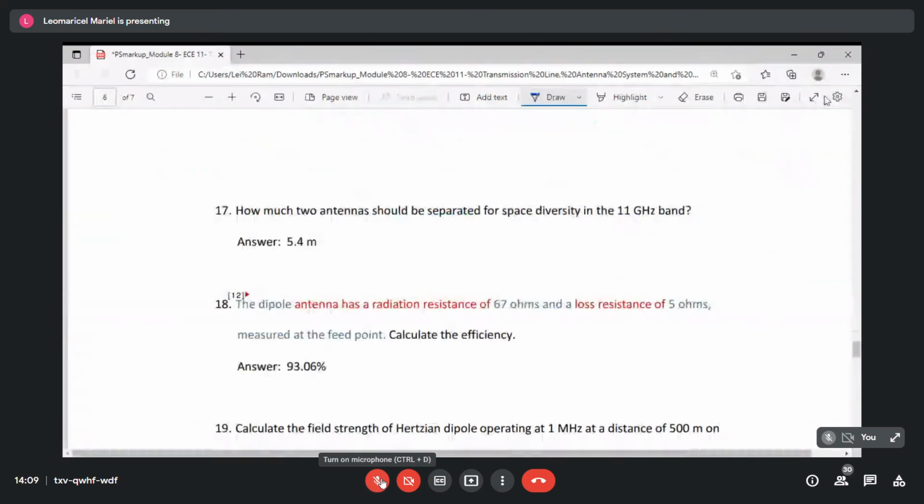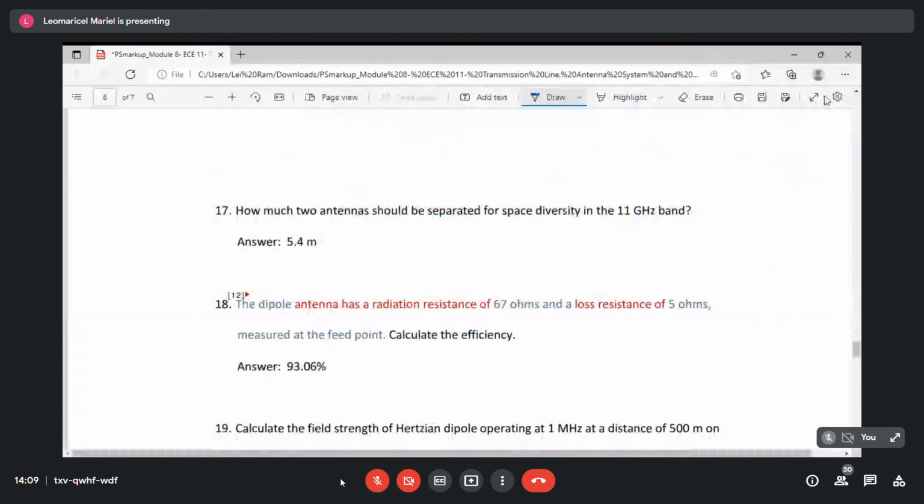Number 17. So number 17, how much two antennas should be separated for a space diversity of 11 GHz band? So, halimbawa meron kayong microwave antenna. So, halimbawa meron na antenna 1 din antenna 2. So, there must be a separation.